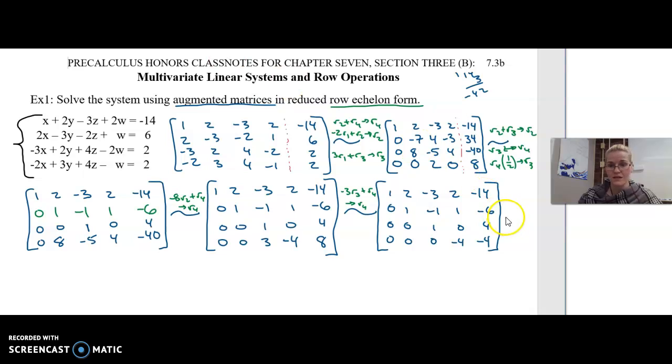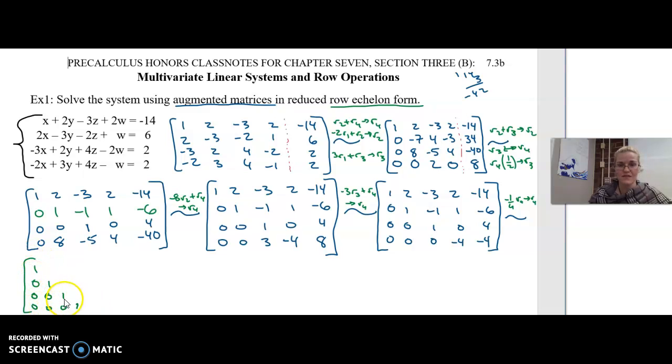Right, if I multiply row 4 by negative 1/4 and replace that with row 4, I've got 1, 1. And so that's going to put me in row echelon form. So again, row echelon form is where you've got 1, 0, 0, 0, 1, 0, 0, 1, 0, 1, right?